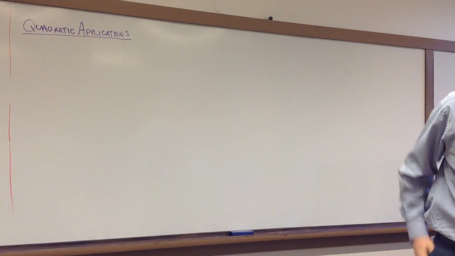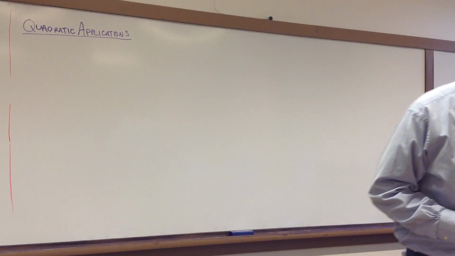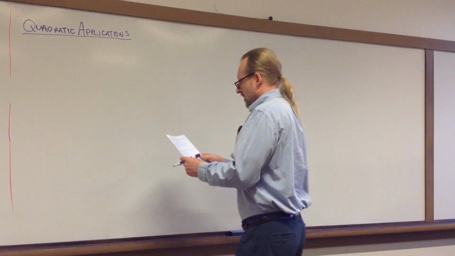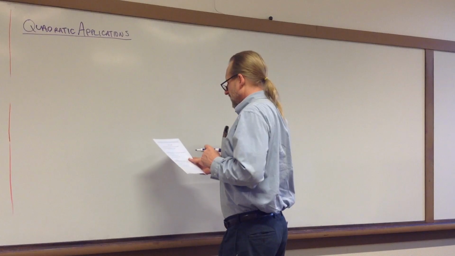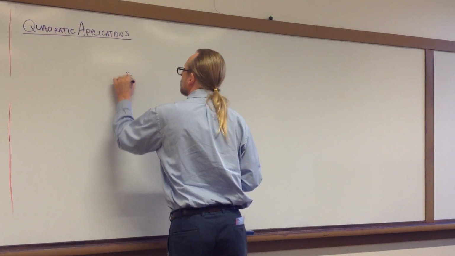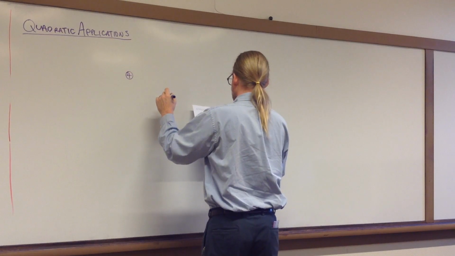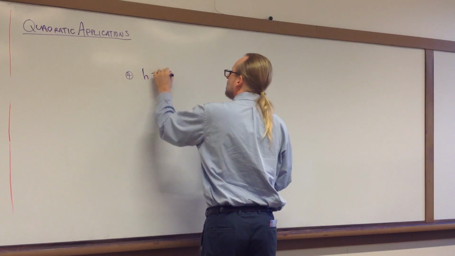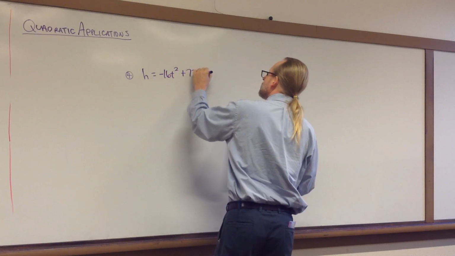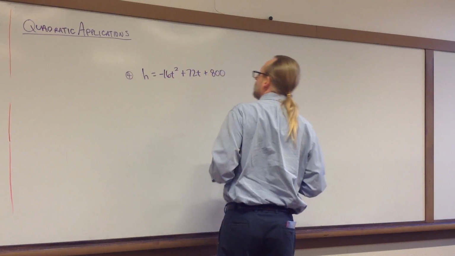Problem 4. Here we have a stone tossed upwards with an initial velocity of 72 feet per second from a height of 800 feet above the surface of the earth. So in this case our height is negative 16t squared plus 72t plus 800.